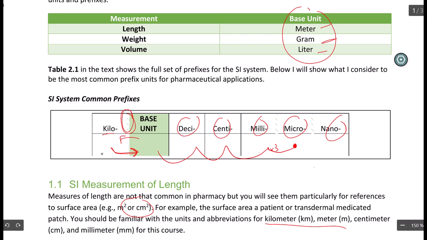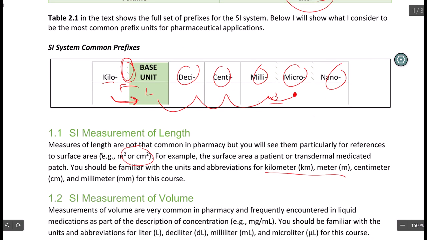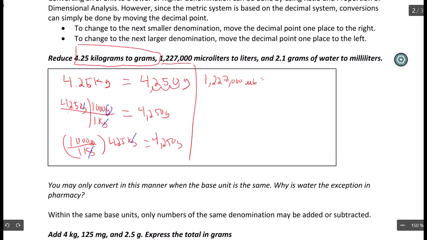So that's 3, 4, 5, 6. So I need to go 6 places to the left. So I would be moving my decimal point over 1, 2, 3, and then 4, 5, 6. So this would equal 1.227 liters is what I would get.